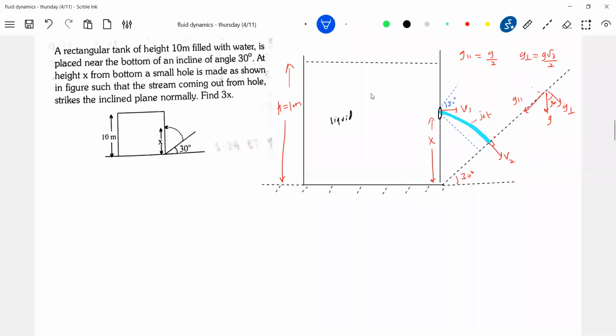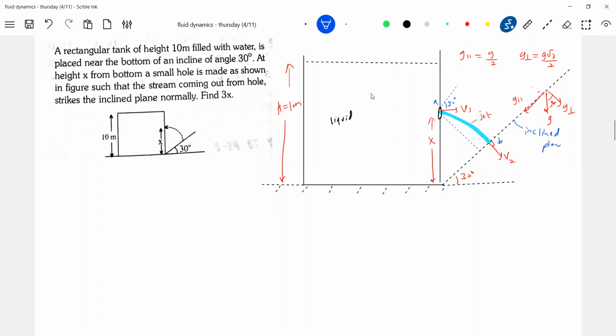I think the basic concept. No? And then by the time it moves from point A to point B, tell me what happened to the horizontal component of the jet. It should become zero, no? Because it strikes normally on the inclined plane.